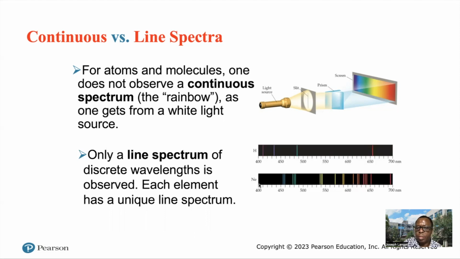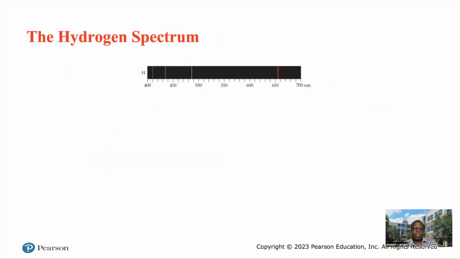These two here are for two elements, hydrogen and neon. For white light we see a continuous spectrum, but for elements we see lines of discrete wavelengths. That is the difference between continuous and line spectrum.